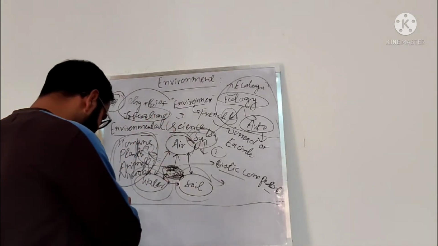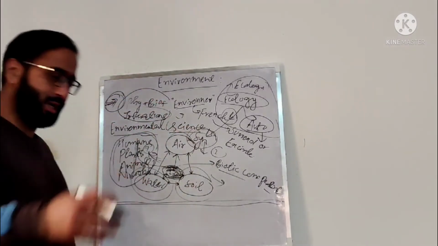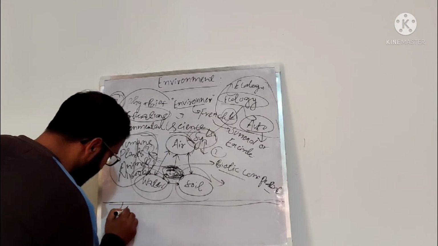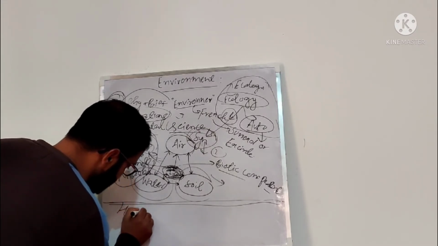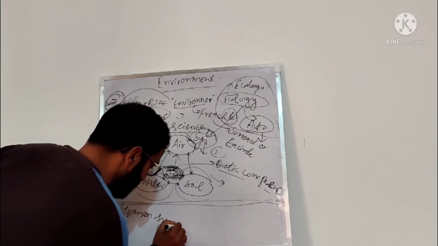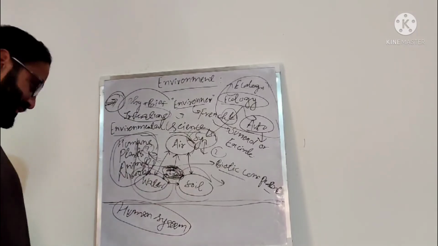Or thirdly, we can say like this: all the humans present on the earth constitute the human system, and what is left is the natural system.